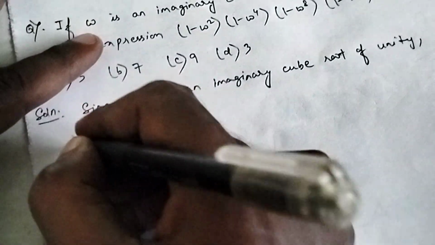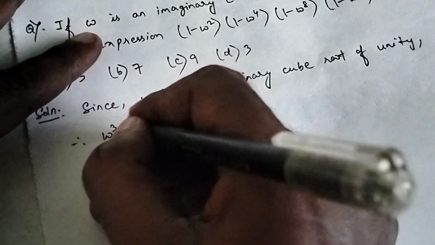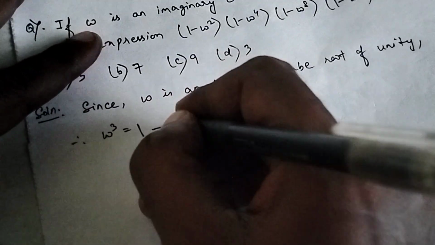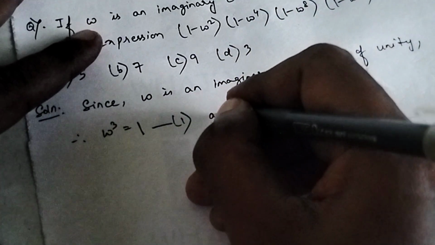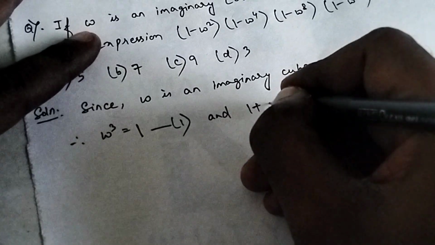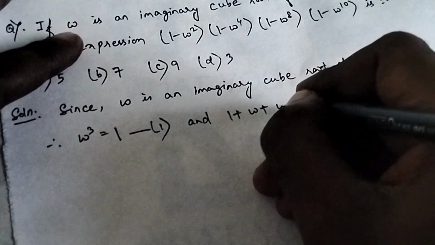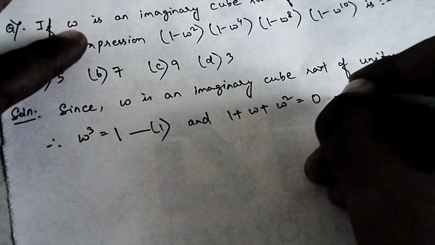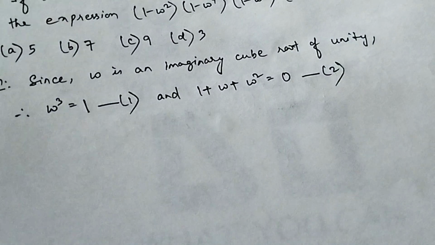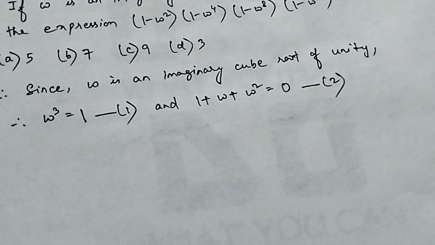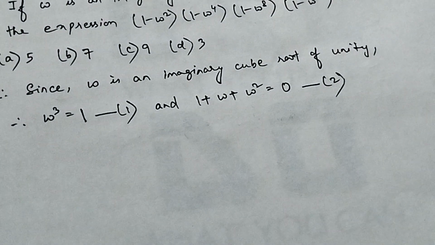So therefore omega cube is equal to 1, name it as equation 1, and 1 plus omega square is equal to 0, name it as equation 2, right? Clear? Okay, now.